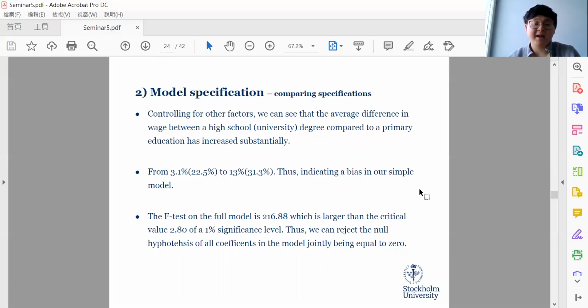And the F-test is 216, which is much larger than the critical value of 2.8 at the 1% significance level. So just like what I said, this implies that at least one of those variables has some impact on wages.